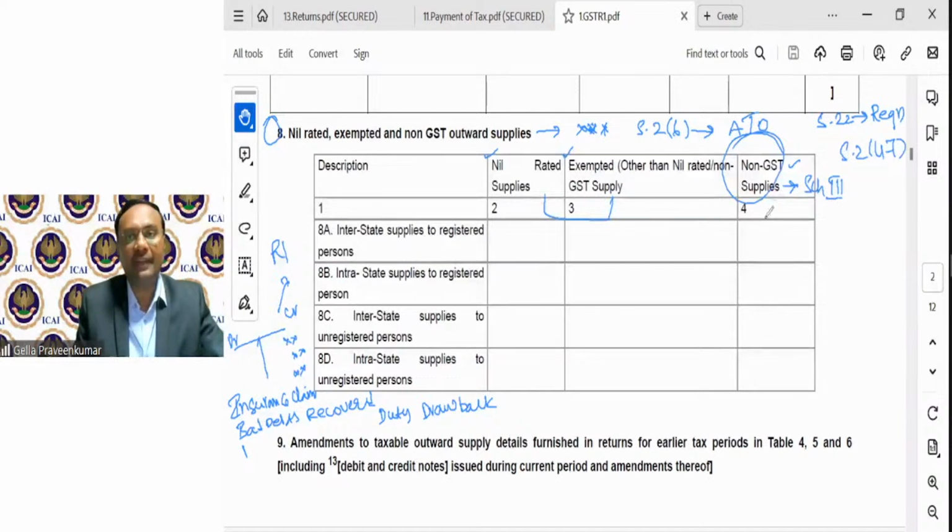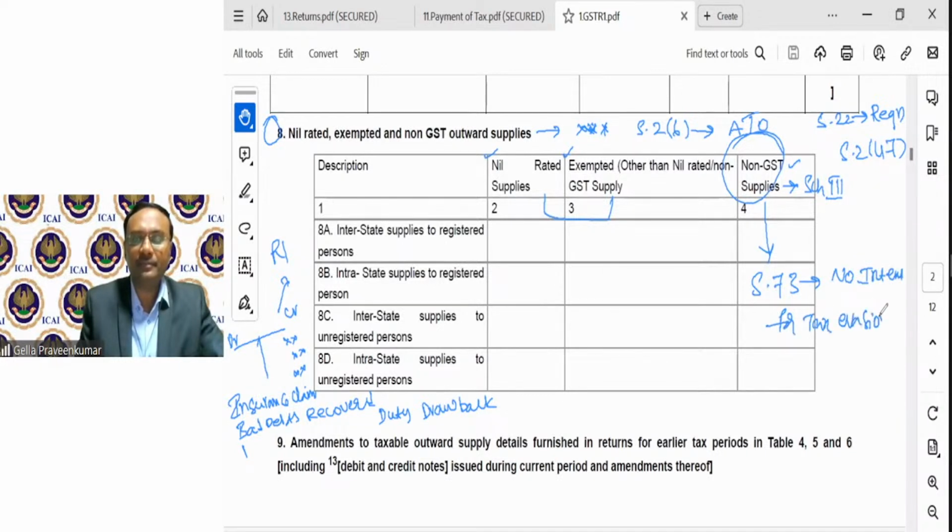So what will happen if I fill this data? Please remember Section 73, where there is no intent for tax evasion. That means whatever data is available in my books of accounts, I have shown in my GST returns.